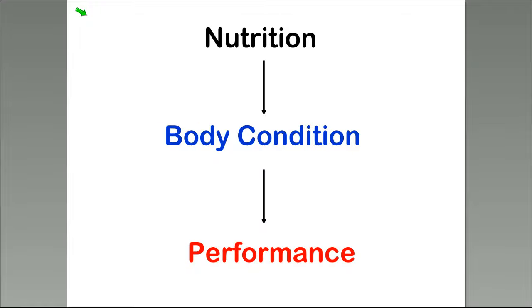And so basically we can boil that down into a conceptually pretty simple, easy to say but harder to do graph, where we see that nutrition for the animal is going to turn into body condition, some indication of how much nutrition they're getting, and then that's going to turn into performance.